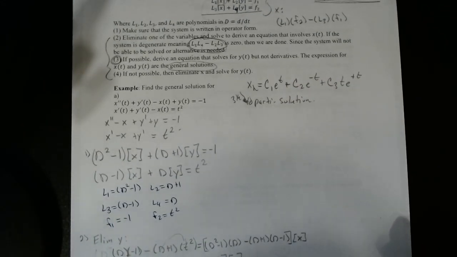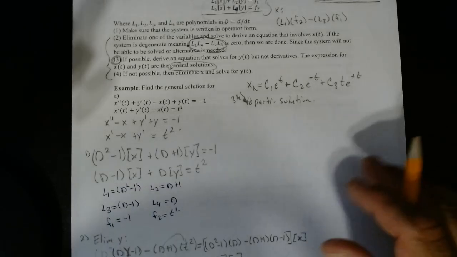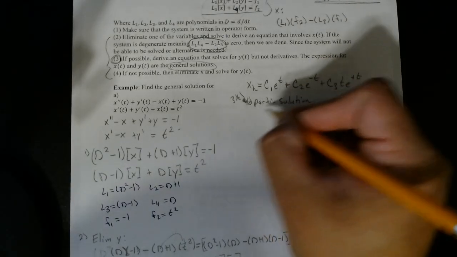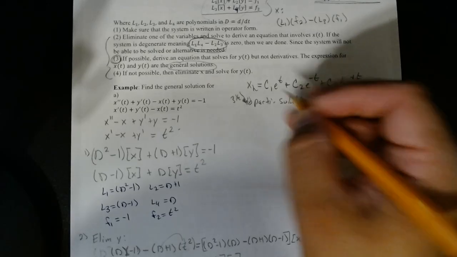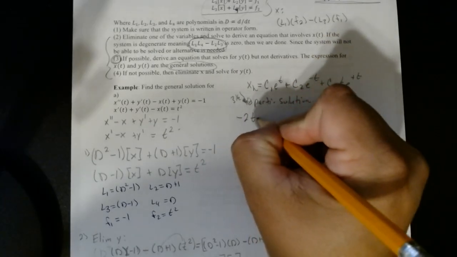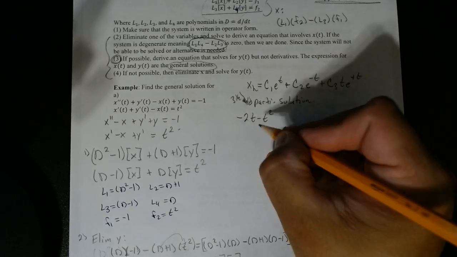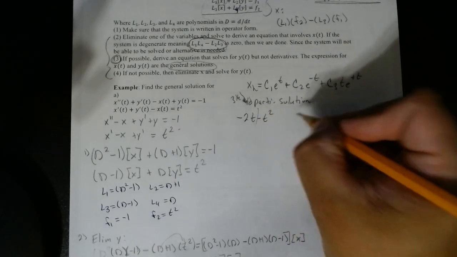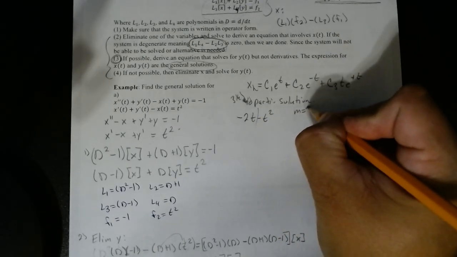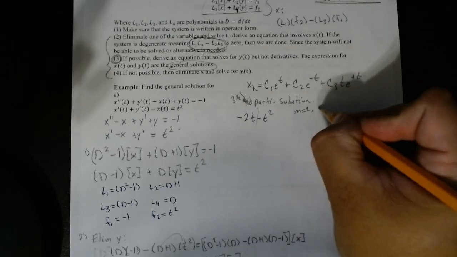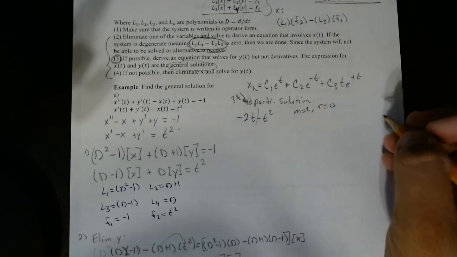Okay. All right, so our particular solution corresponds back to what it's equal to, right? So originally it was negative 2t minus t squared. Okay. So if we just break this up individually, right? So that means m is going to equal 2. R is 0, so it's not a root.